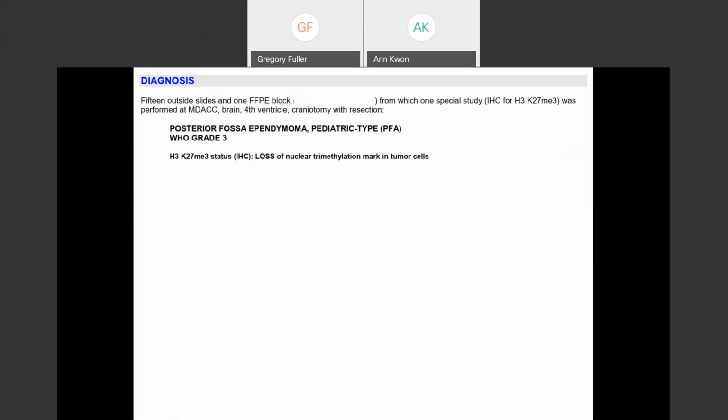All right. And look at this. Also in the diagnosis section, H3K27ME3 status by immunohistochemistry, loss of nuclear trimethylation mark in tumor cells. Bam, done. Do we need methylation profiling?